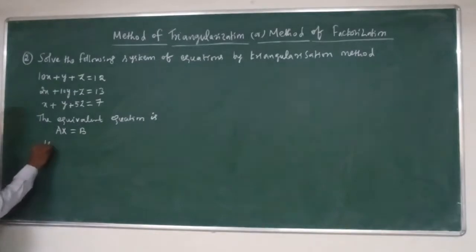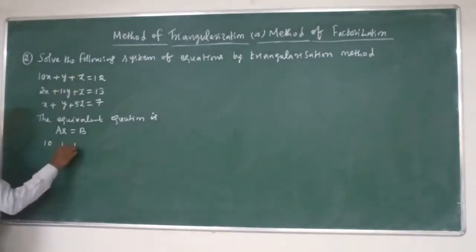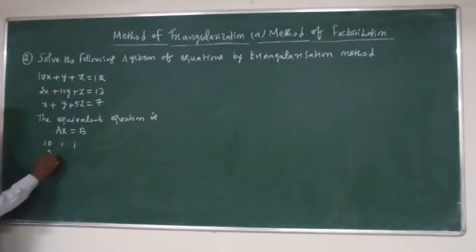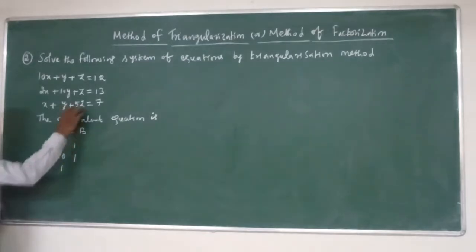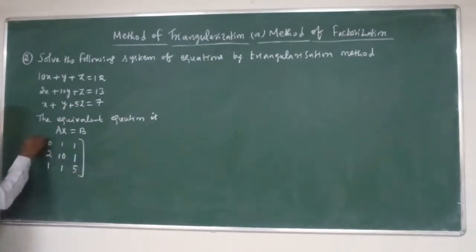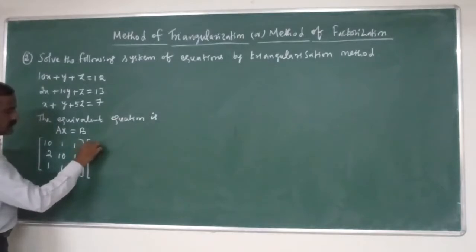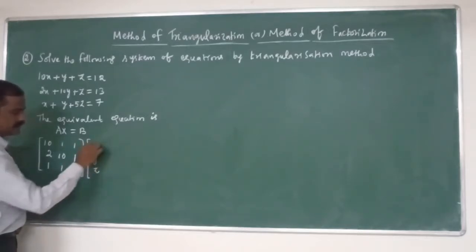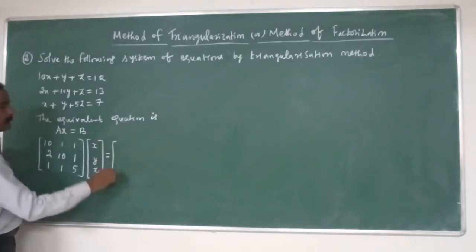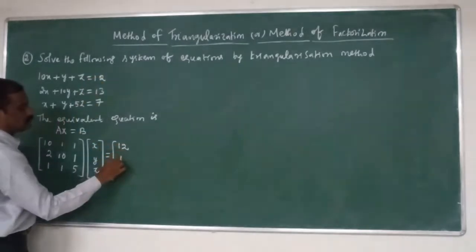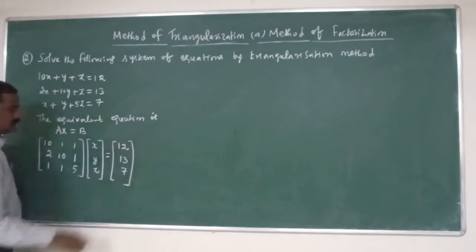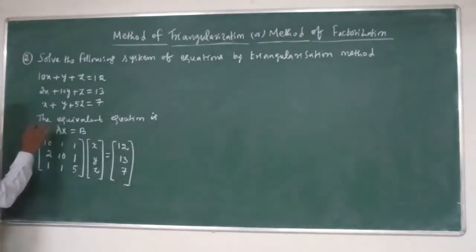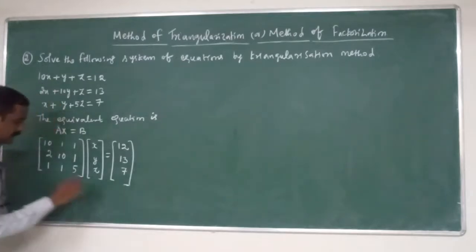A we can write as 10, 1, 1; 2, 10, 1; 1, 1, 5, and x is the column x, y, z, equal to b value 12, 13 and 7. Okay.